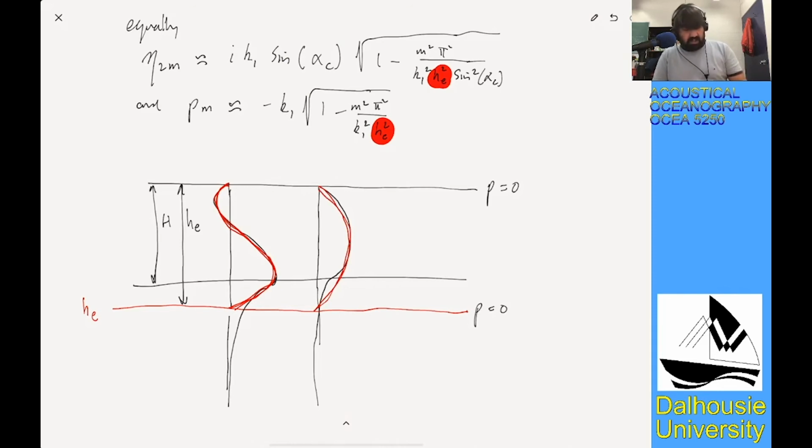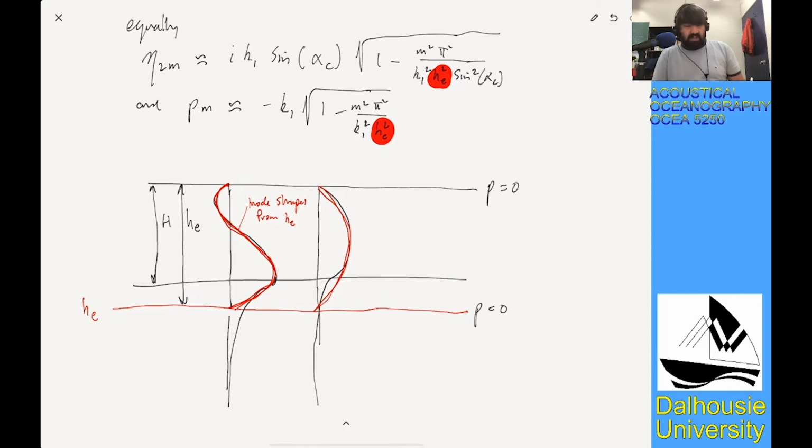And it actually does a really good job of describing the mode shapes in the water column, and a bad job in the sediment, but we're interested in the water column. So it does this really good job of describing the mode shapes in the water column without having to go through too much difficulty in calculating the mode shapes using our transforms method, right?